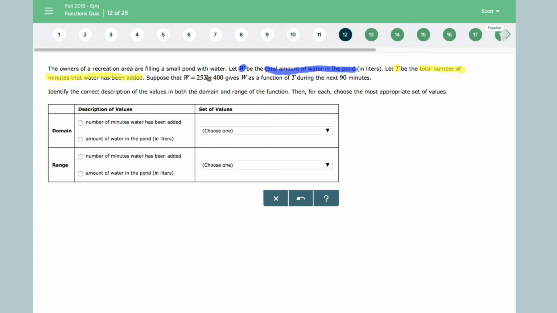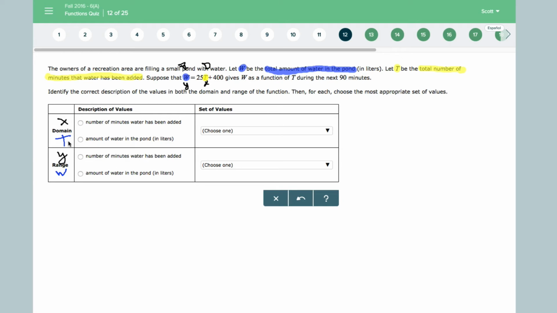So there's our T and our W. Okay, now that is also the same thing as Y and X, which is range and domain. So X and Y, or in our case, we want T and W, because they replace the X with the T and the Y with the W.